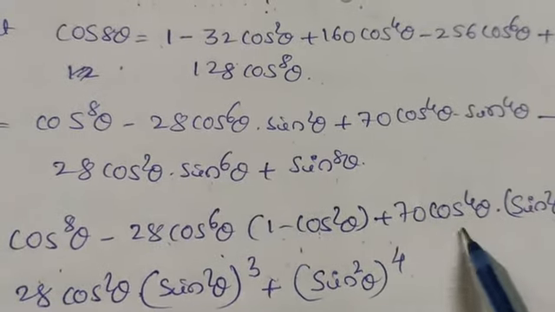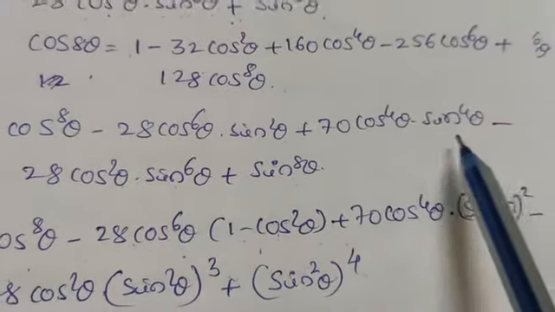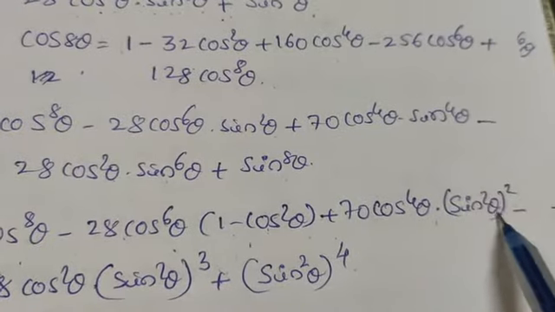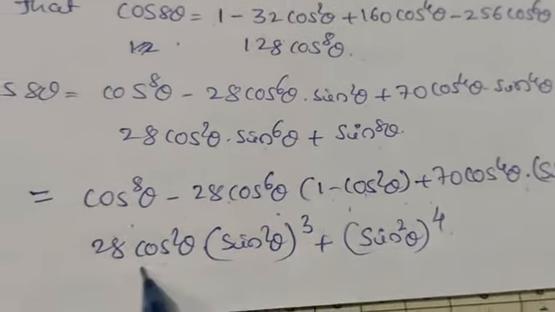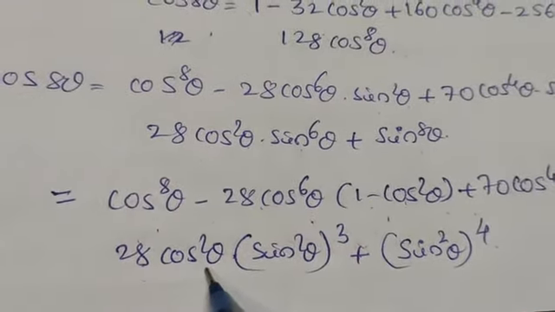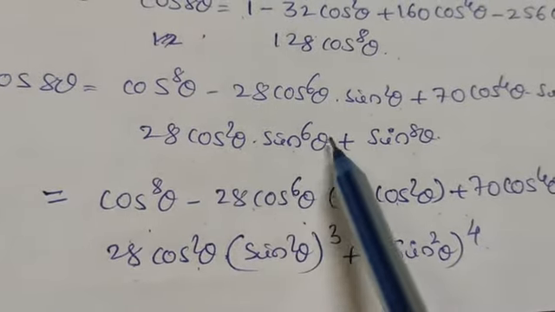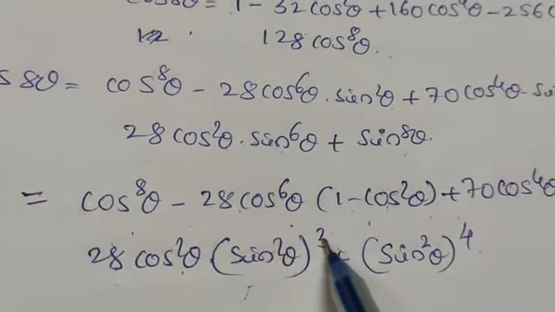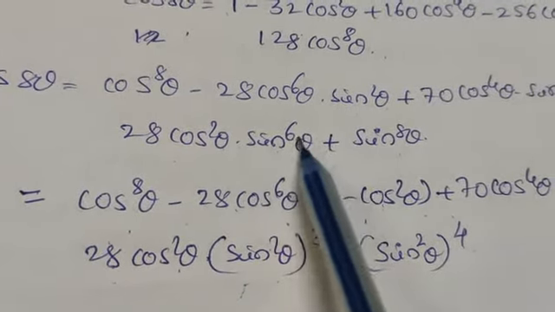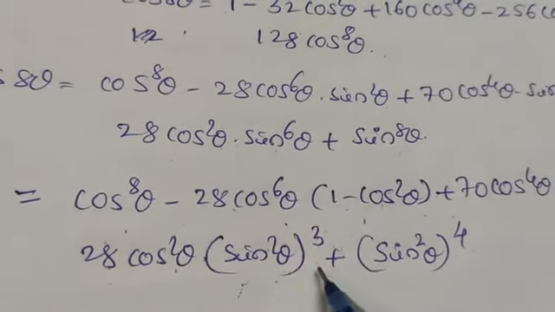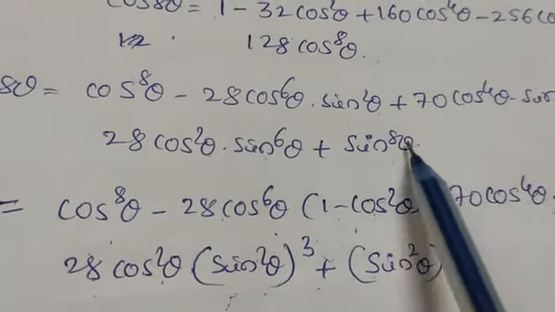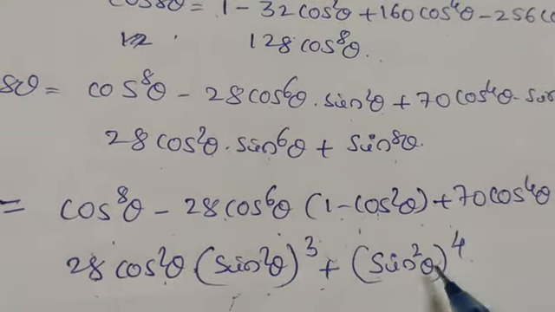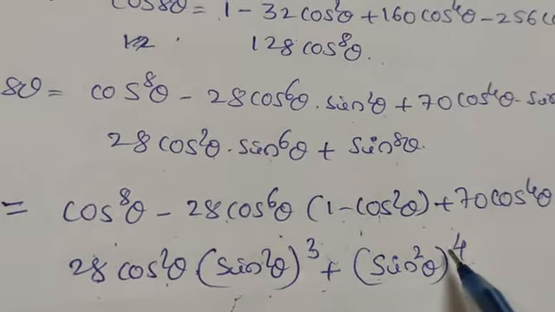Plus 70 cos raised to 4 theta as it is, and sine raised to 4 theta can be taken as sine square whole square, minus 28 cos square theta as it is, and sine raised to 6 theta is sine square whole cube, because here 2 into 3 becomes 6. So we can write sine raised to 6 theta as sine square theta whole cube, plus sine raised to 8 theta is sine square theta whole raised to 4, again 2 into 4 is 8.